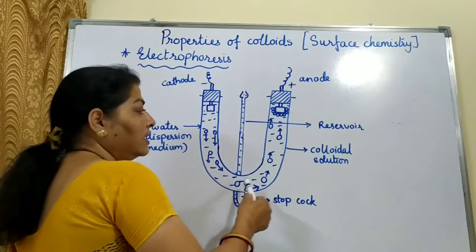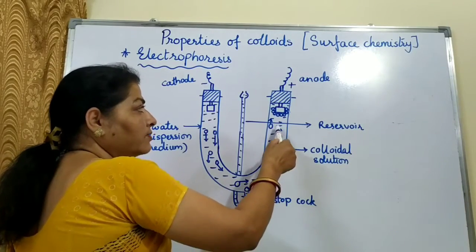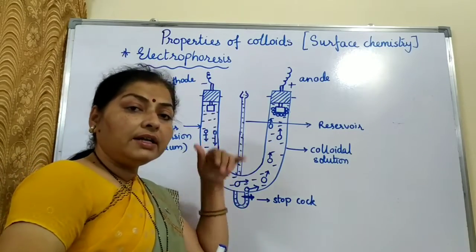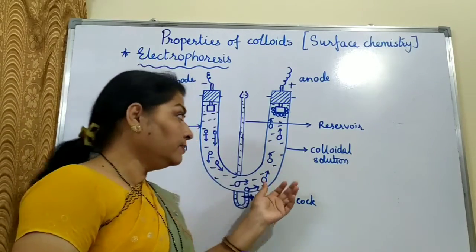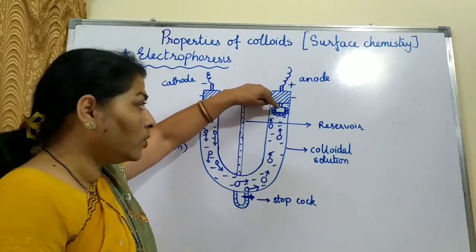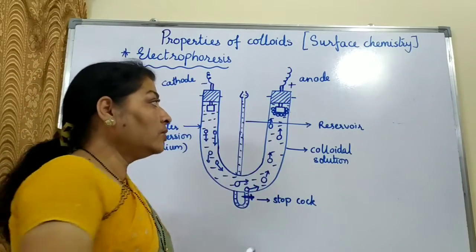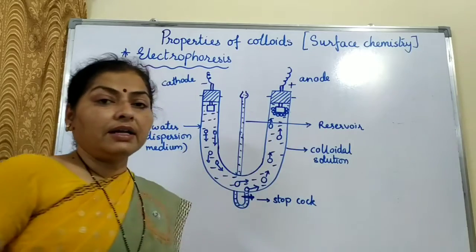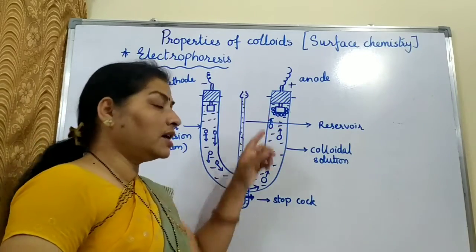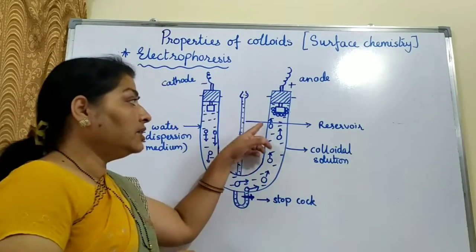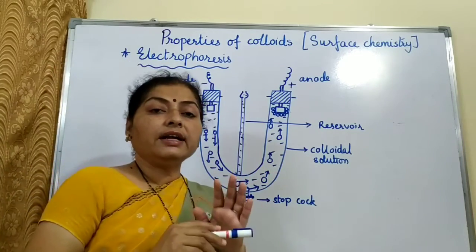Gradually, as the colloidal particles move towards the anode, a time will come that if current is allowed to pass continuously, the particles will go and stick to the anode. The metallic plate acting as anode will receive these particles. As these particles have charge, as soon as they come in contact with the plate, the charge on the colloidal particles will get destroyed.